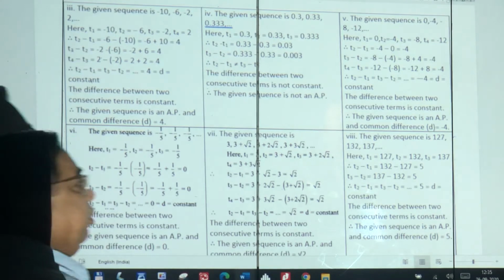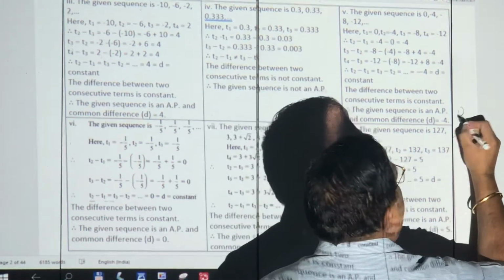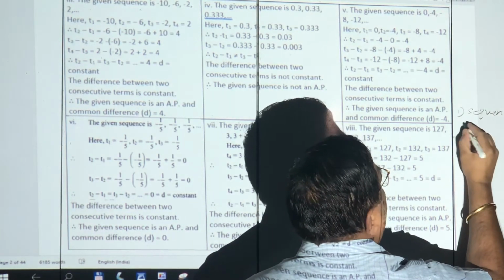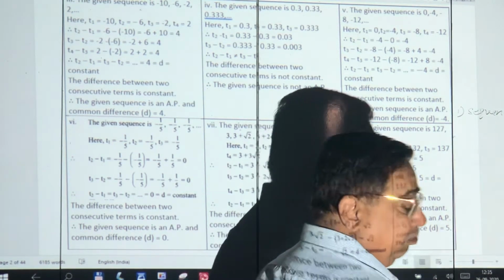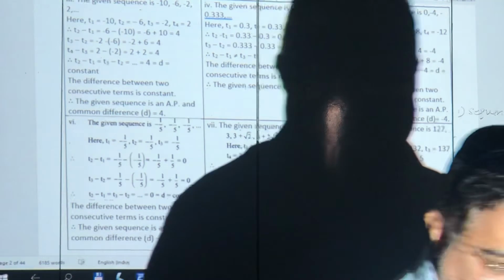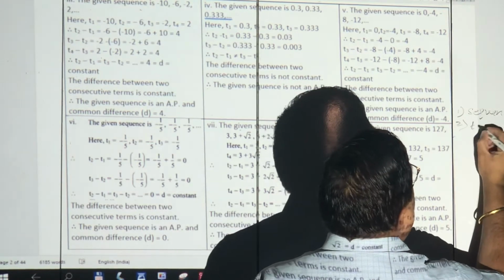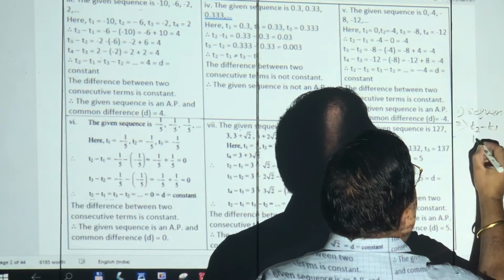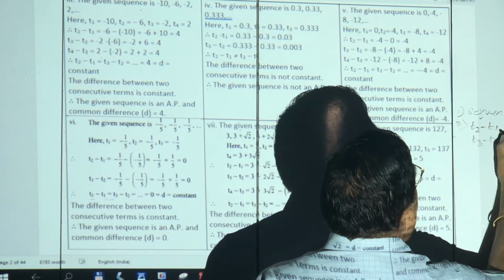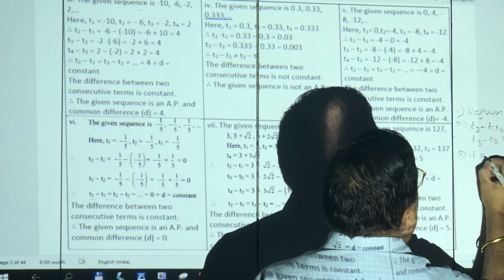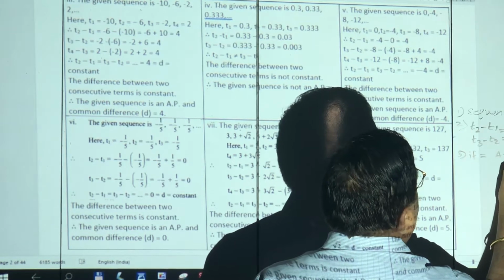So I just remind you of the steps. First, see the sequence. Number 2, you subtract, and these are supposed to be D. Third, if equal, it is an AP.